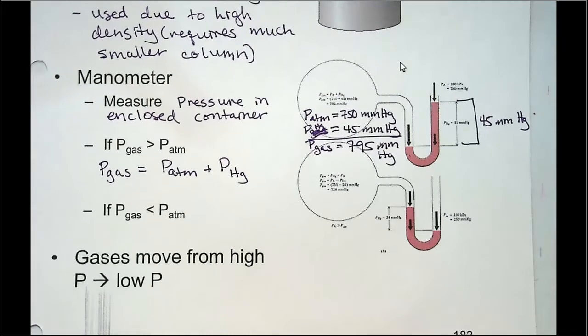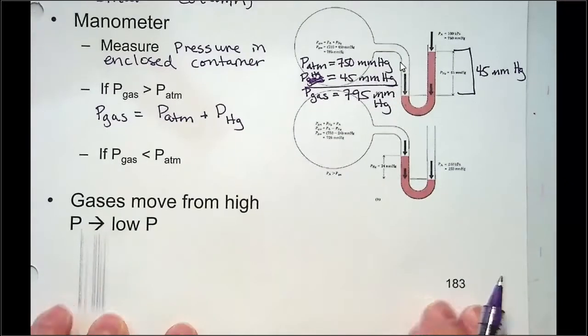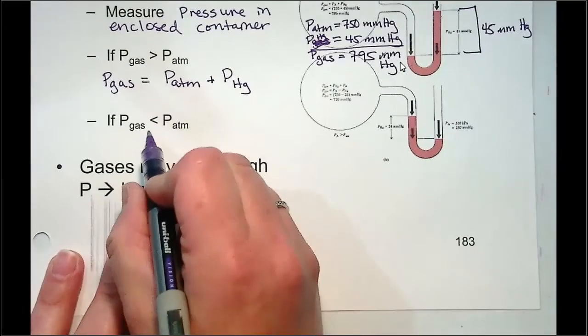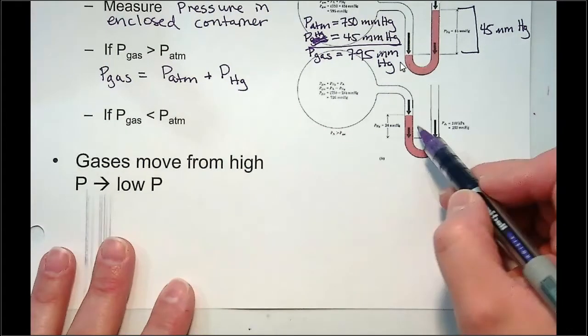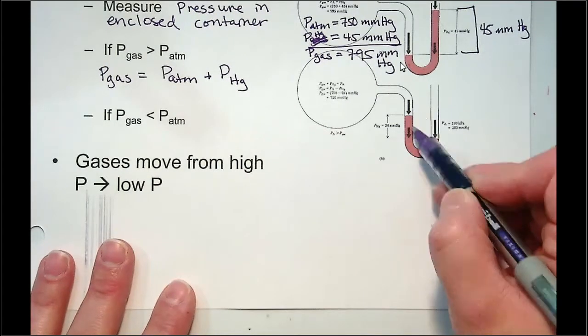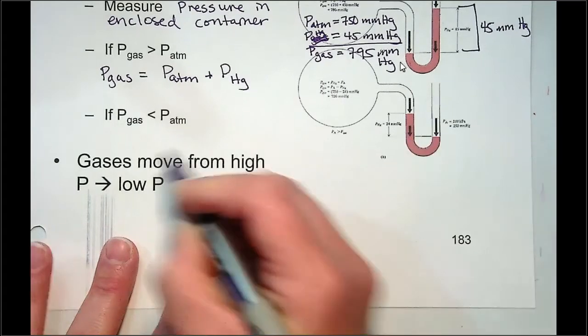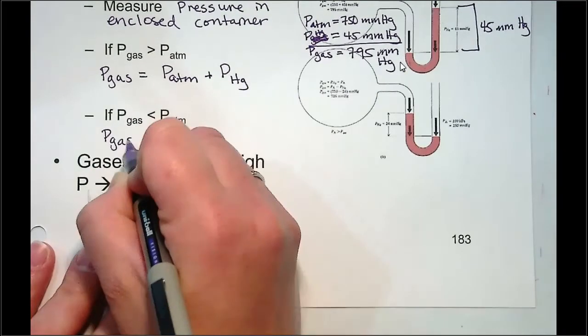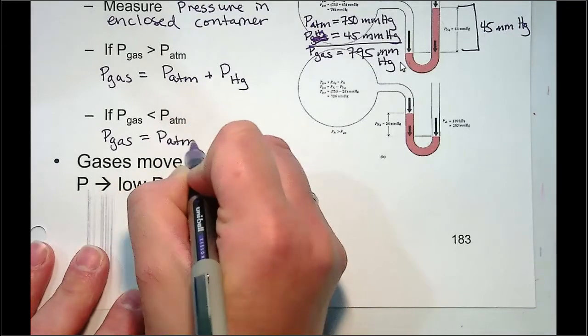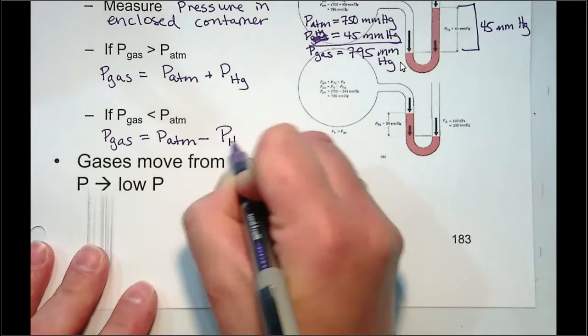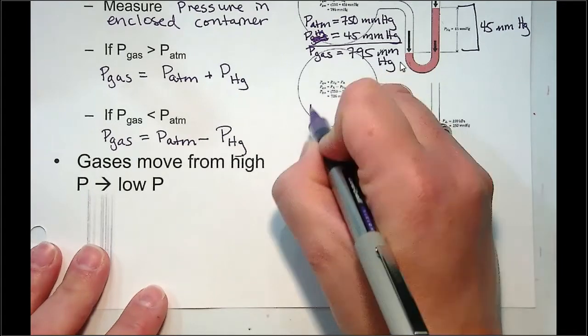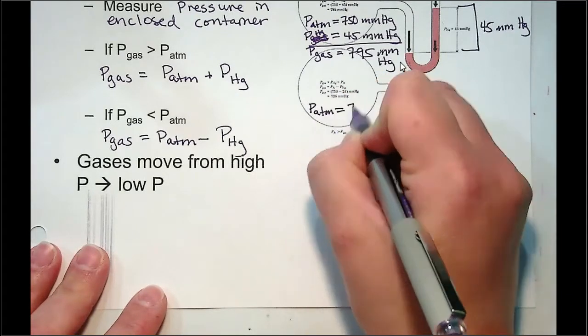So it gets added. Okay, if the pressure of the gas is less than atmospheric pressure, then the gas can't push the mercury up the tube. It stays on this side of the tube. So then the pressure of the gas is atmospheric pressure minus the pressure of the mercury. So again, we start with 750 as your atmospheric pressure.